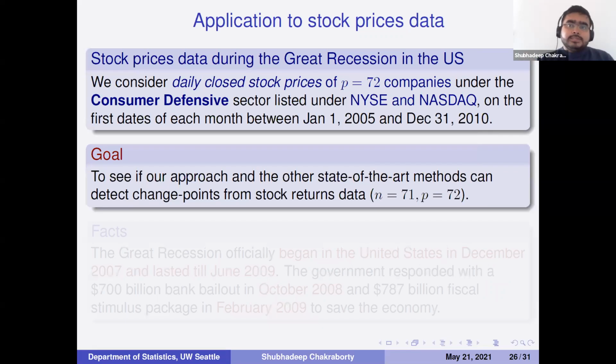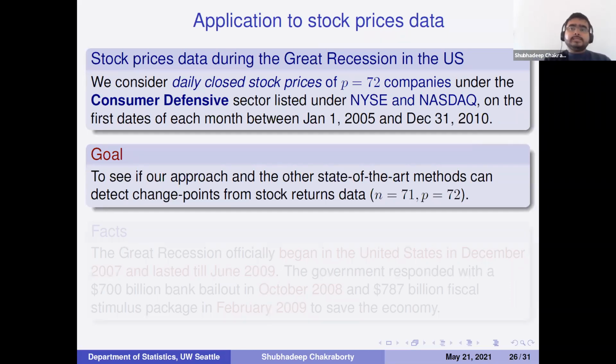Although all industrial sectors are susceptible to economic changes, some sectors are relatively more robust, resistant, or less sensitive to a recession, for example healthcare, utilities, or consumer defensive. And there are some sectors which are more susceptible to a recession.